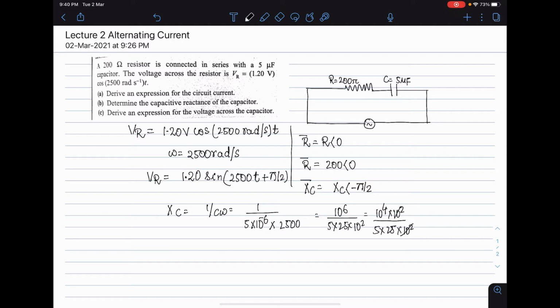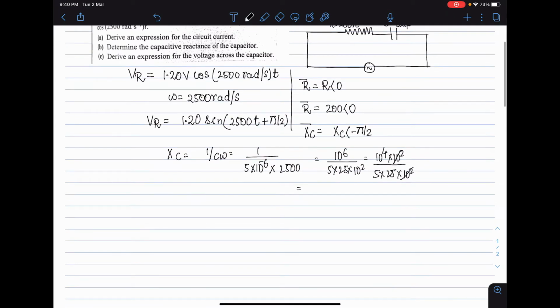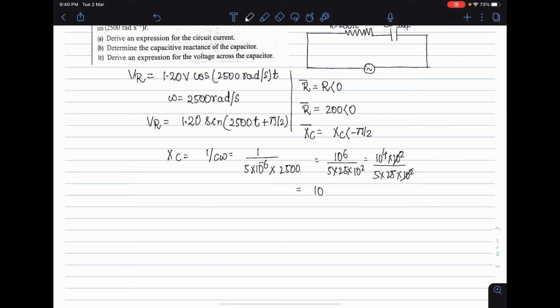So this cancels and becomes 10 to the power 4, that means 10,000 divided by 5 into 25. So this becomes 400 divided by 5, that means 80 ohm. So XC is 80 ohm.